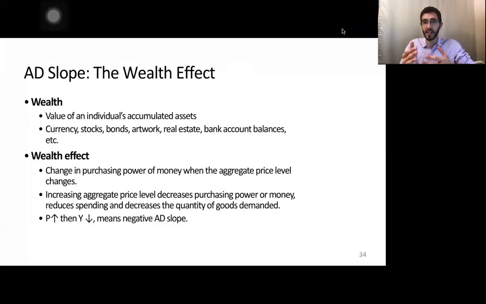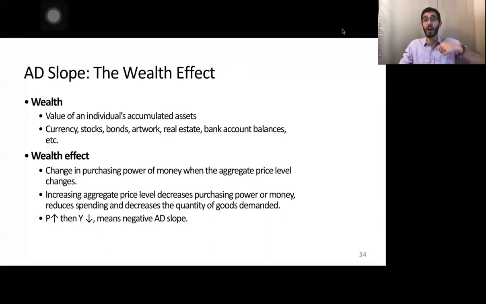The wealth effect talks about that inflation impact. As the aggregate price level in the economy goes up, that means the price of final goods in the economy is going up. Remember the assumption: everything else besides the two variables included in the graphs is being held constant. So in this case, your income is being held constant.